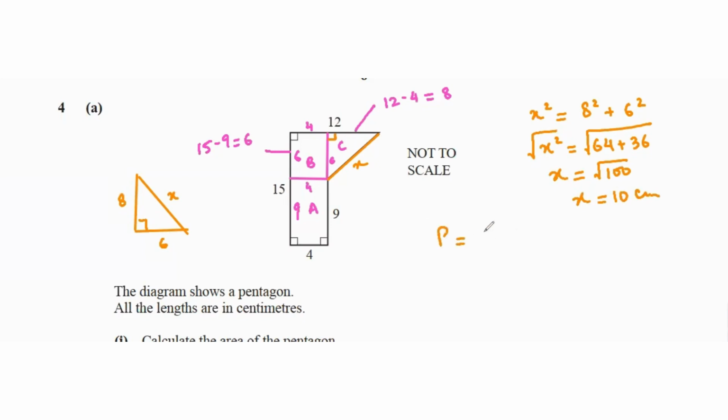So perimeter is going to be the sum of 12, this entire length, then plus 15, plus 4, plus 9, and plus 10. That is going to give us 50 centimeters.